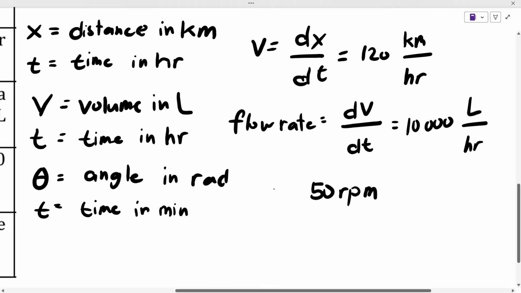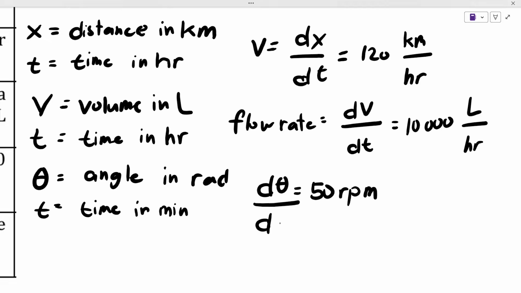So this 50 RPM is basically the change of our angle over change in time.